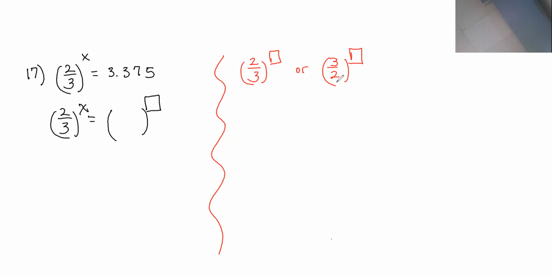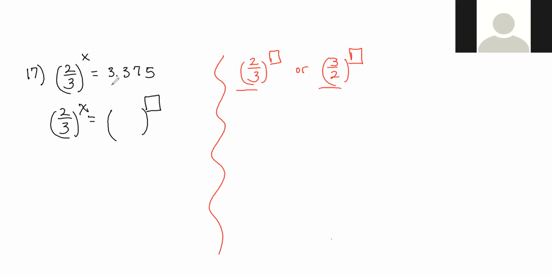Now, if I chose 3/2, I can make this power here negative. So if I'm trying to get 3.375, any thoughts of whether I should use 2/3 or 3/2? It's bigger than 1, so what fraction is bigger than 1? 2/3 or 3/2?